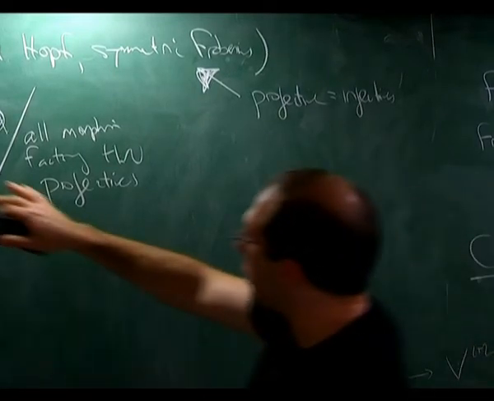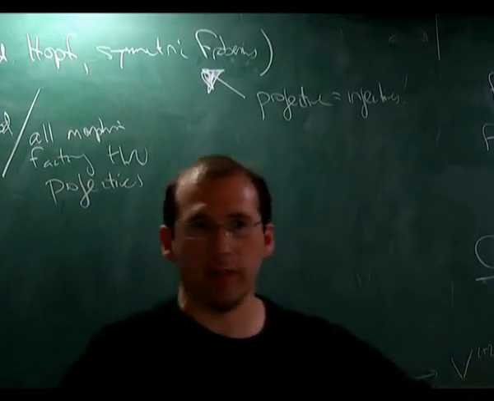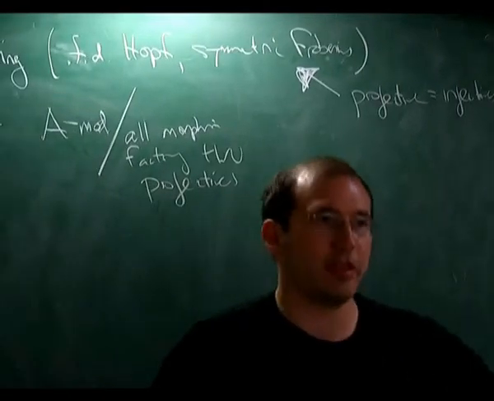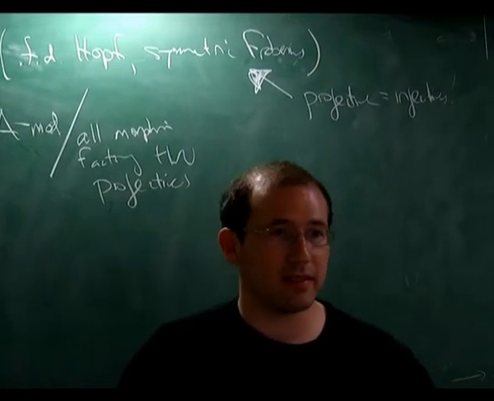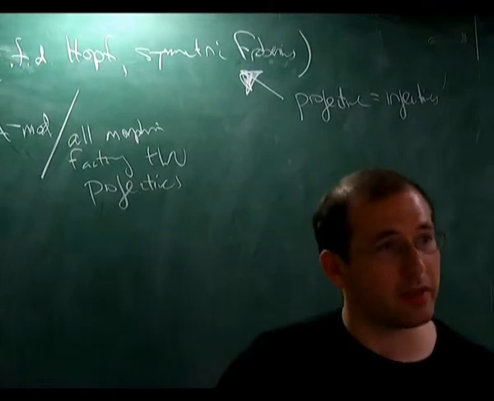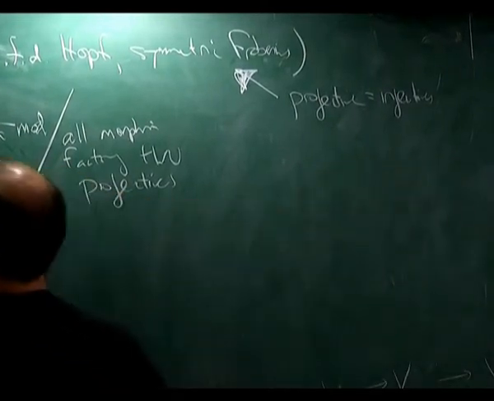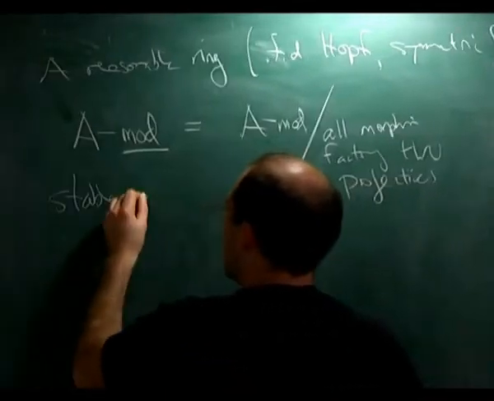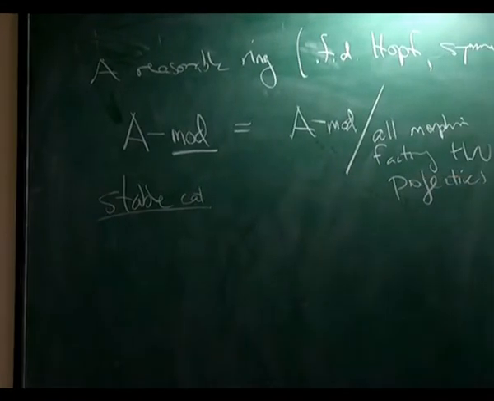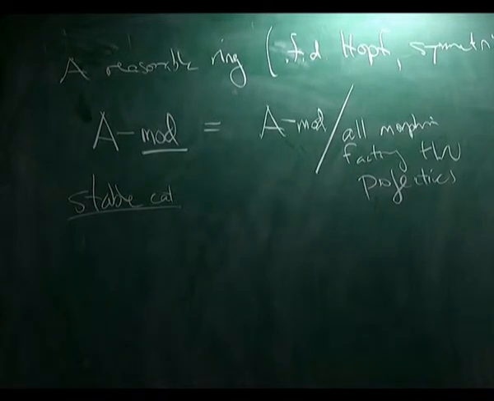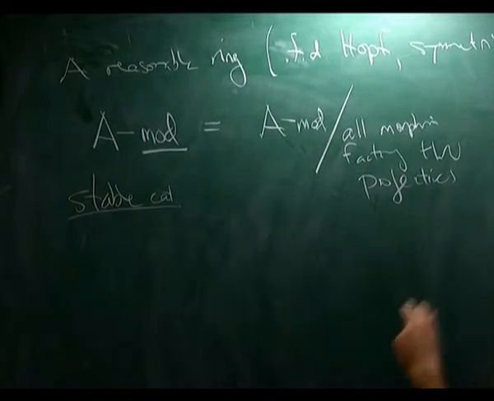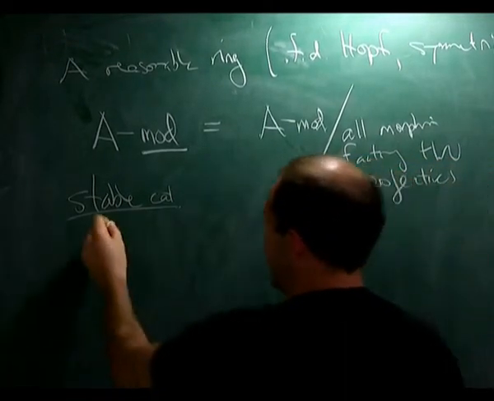Whenever you take a category and just kill a bunch of the maps in it, that's going to completely change the nature of your category. This is no longer abelian. It no longer makes sense to take a kernel or a cokernel. Things are weird. This is the stable category. But it turns out that this guy is triangulated.